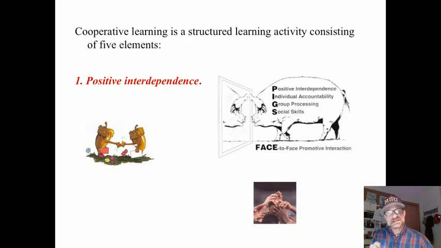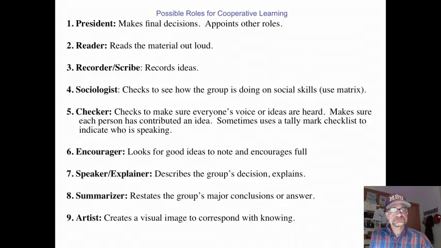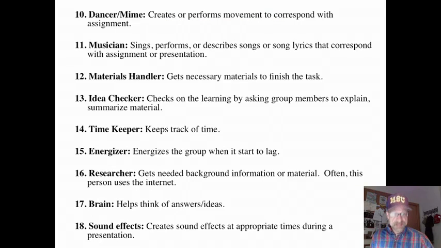This is done best by assigning roles to each member of the group. And here are some possible roles for cooperative learning tasks where everyone has a role. You can stop the tape at this point and read on your own. And there are some other roles, as well as you can read in my book, my social studies book.